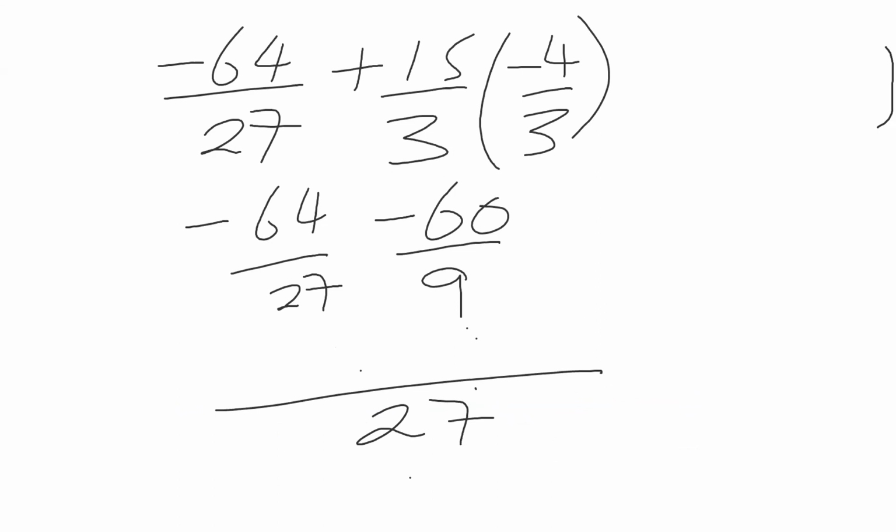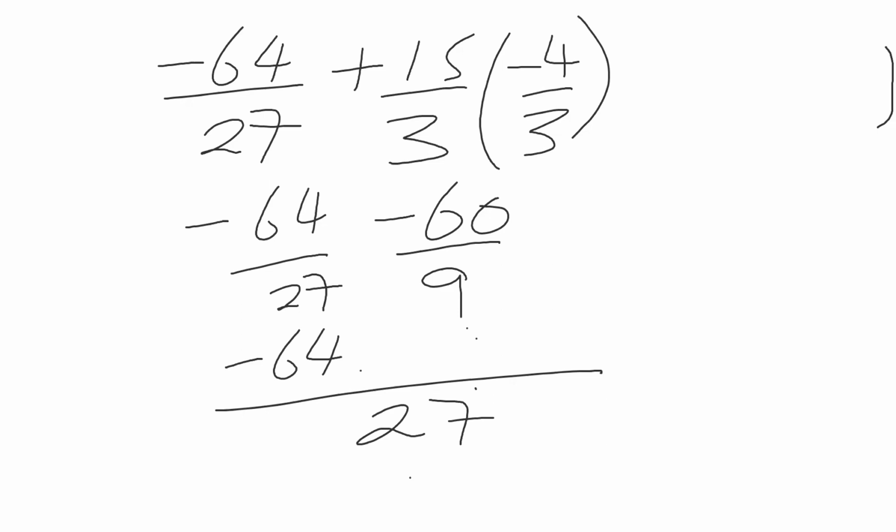Sorry, just to take you back, explain how you multiplied the 15 over 3 and the negative 4 over 3 in the brackets. Multiplication means times, isn't it?